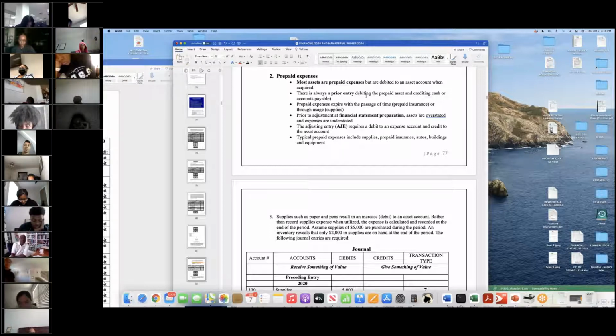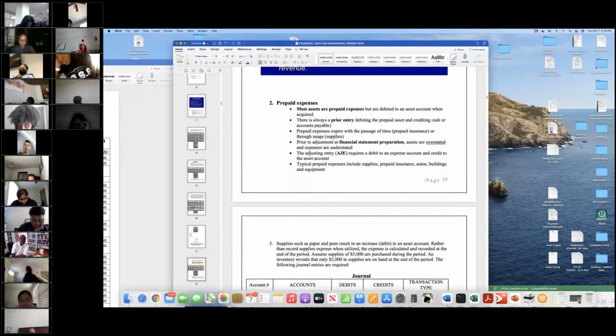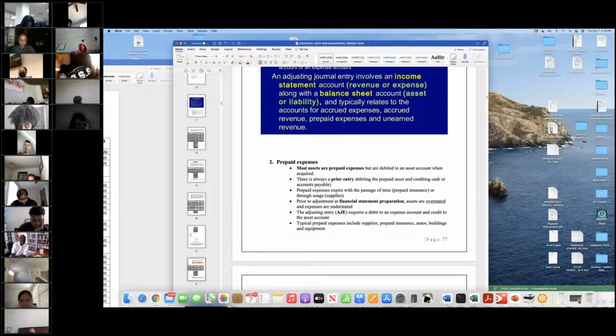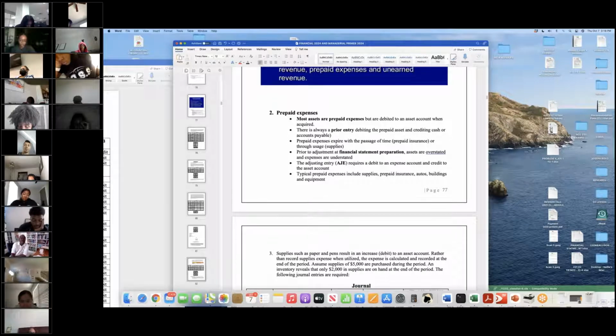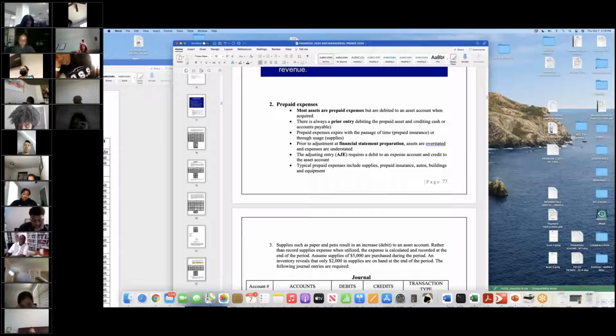Okay, so let's look at prepaid expenses. And when you buy assets, supplies, all the way over to automobiles and things like that, those are prepaid expenses. Eventually, they got to be expensed. And so they need to be producing revenue.